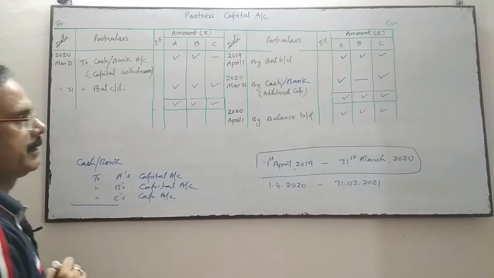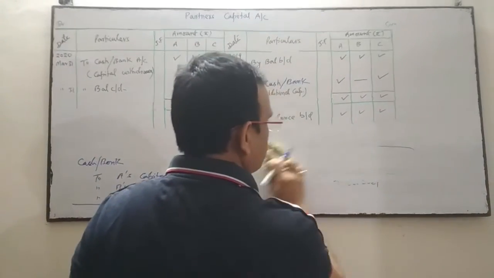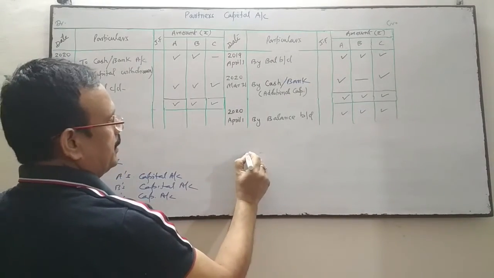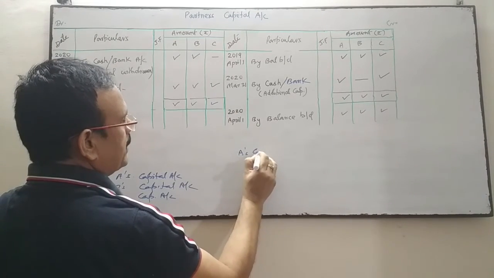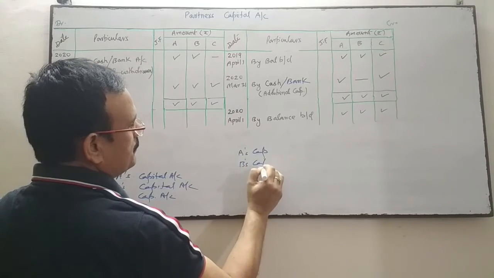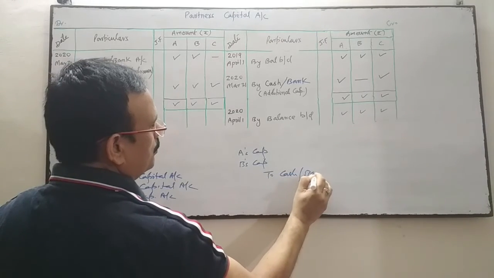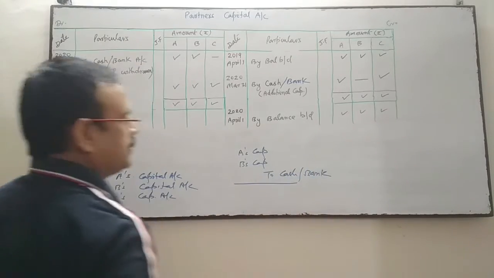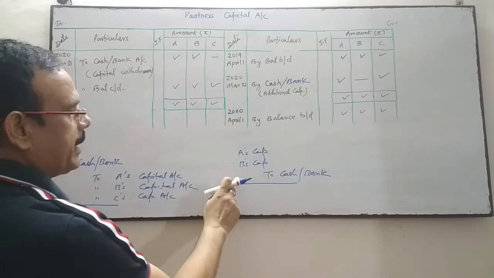For additional capital. When they permanently withdraw the capital from the business, then the entry will be, this will be transferred this side. Suppose A's capital account debit and B's capital account debit, both partners have withdrawn the capital, to cash or to bank, for withdrawal of capital. This entry will be done for the withdrawal. This is for additional capital, this is for capital reduction.